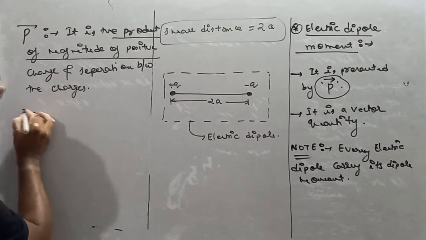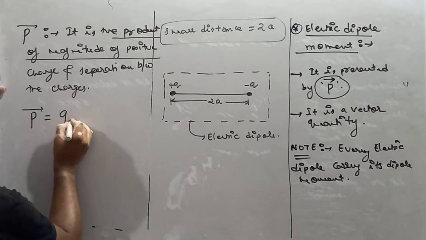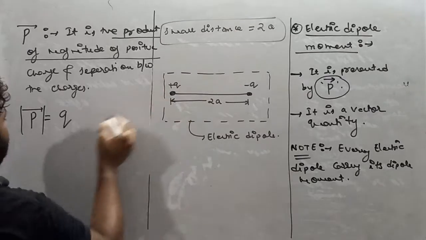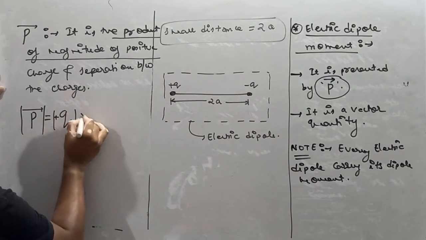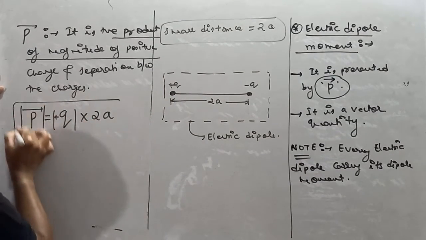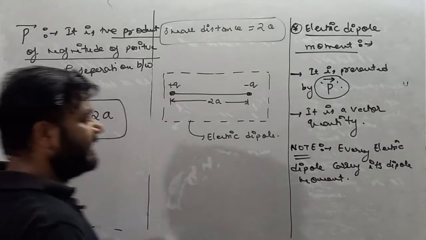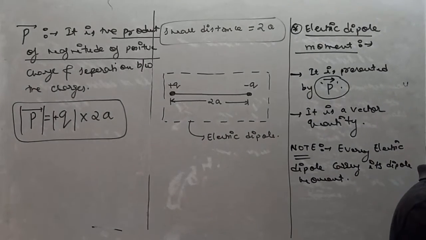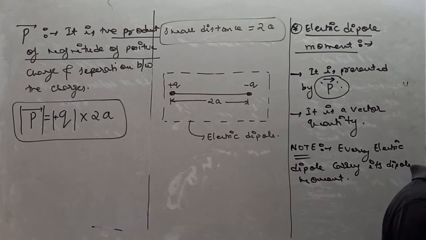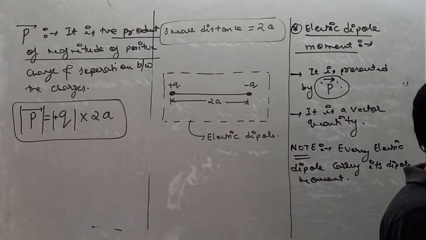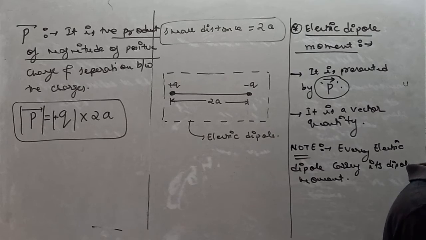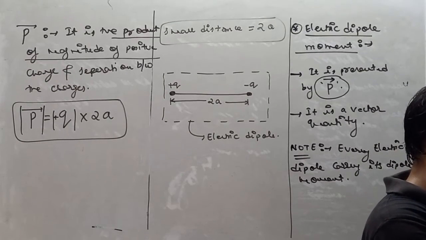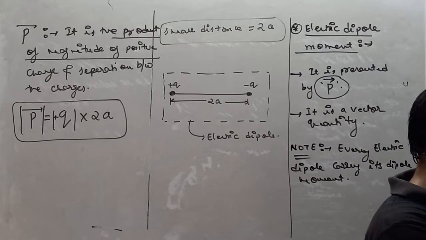So I'll write that the magnitude of P vector is equal to q, the magnitude of the positive charge, multiplied by the separation between the charges, that is 2a. This is all about electric dipole moment.